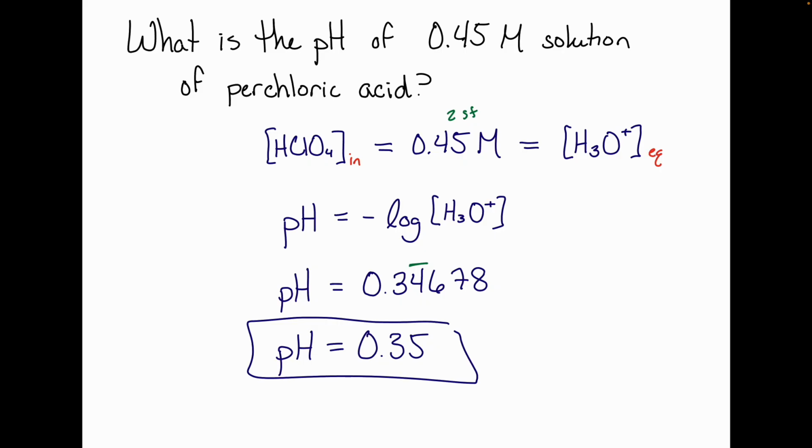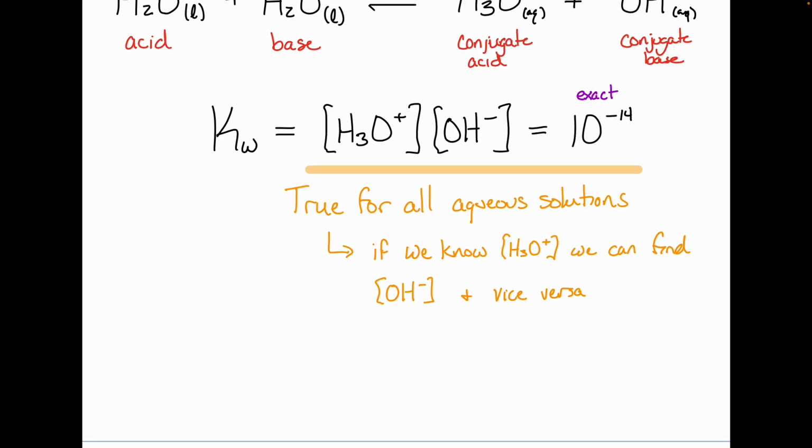All right. So the last thing that we're going to do here, we're going to go back to this auto-ionization relationship, and we're going to do some algebra to it. We're going to put our auto-ionization on that log scale.